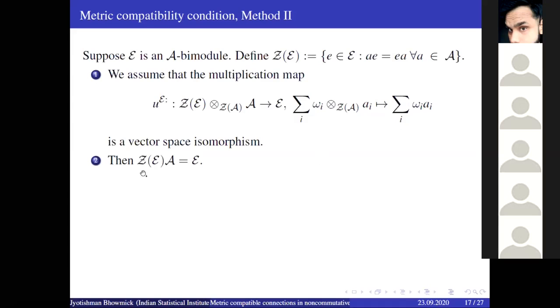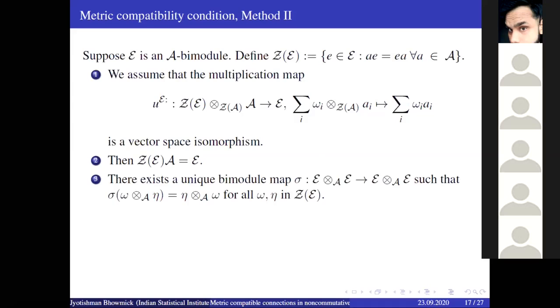Then it's clear that the right A linear span of the center is the full E, and also, as a bonus, by a theorem, sorry, I forget his name, it's known that there exists a unique bimodule map sigma such that if omega and eta are central, then the action of sigma on omega tensor eta is just the flip.